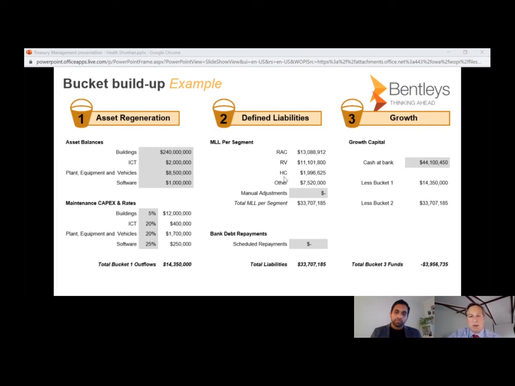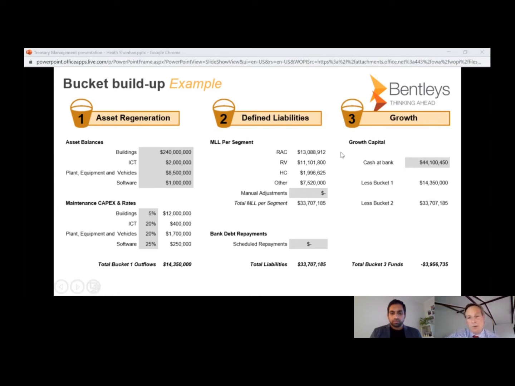And then, because we're a conservative organisation, we like to also keep an amount of money, call it 8 weeks of outflows, in our working capital account to cover immediate cash outflows. So then to fund, under this example, our liabilities, we're saying that the total segment is $33 million. And so that's the value of our minimum level of liquidity that we need to fund bucket number two.